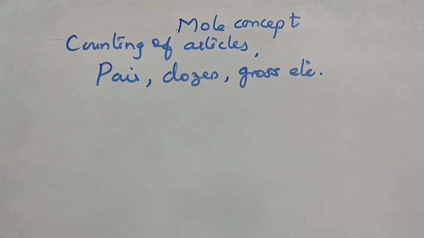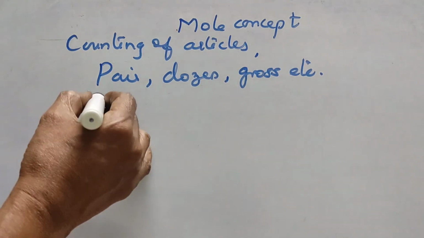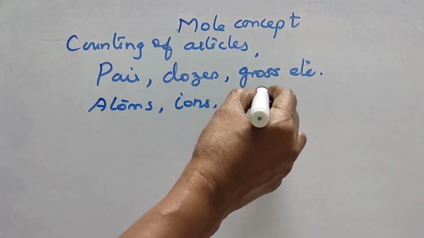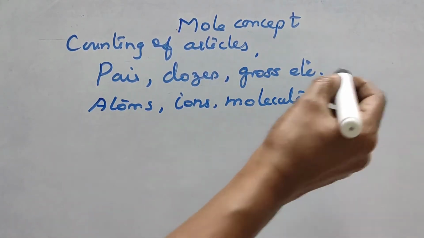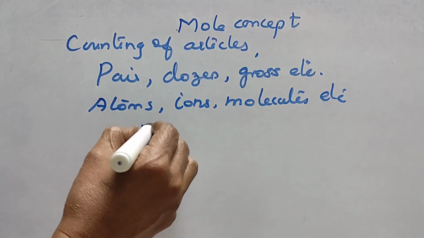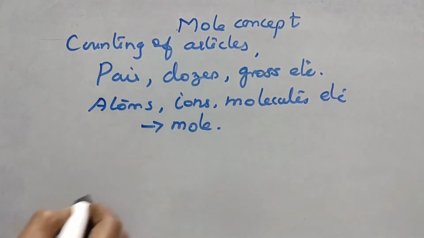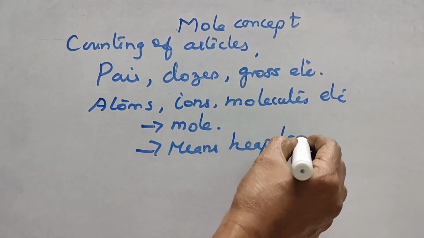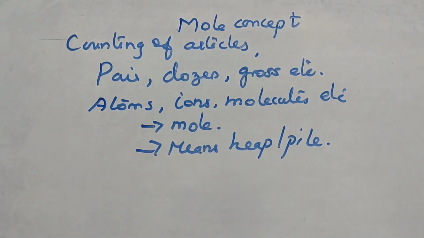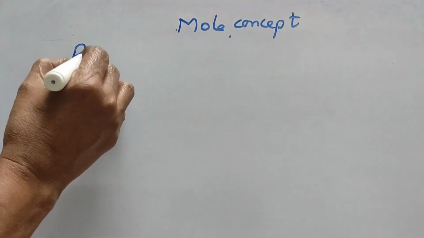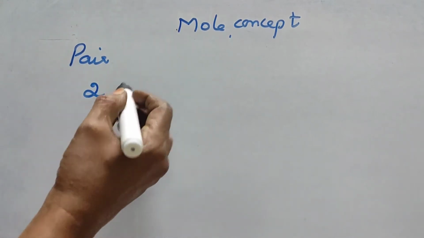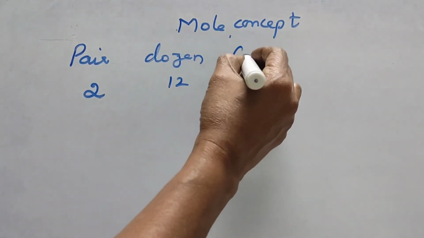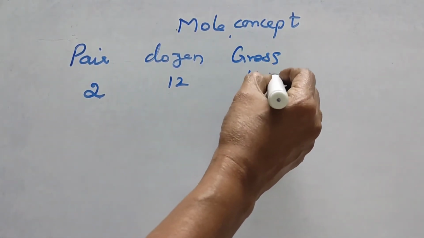But chemists, to count atoms, ions, molecules, use the unit called mole. Mole means heap or pile, many things together. Pair means 2, dozen 12, gross 144.